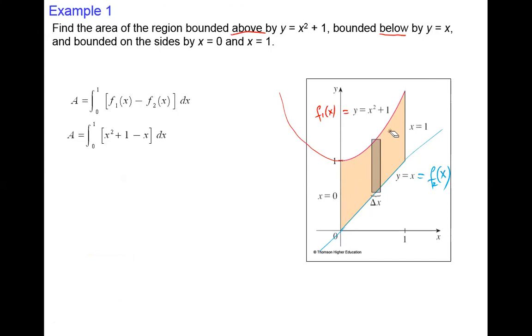We don't even have to draw this rectangle. I was trying to show a little bit of the definition, but just remember: subtracting the curves. And I believe this integral is relatively easy. Integral of x squared is x cubed over 3, integral of 1 is x, integral of x is x squared over 2. Substituting 1, we get 5 over 6.